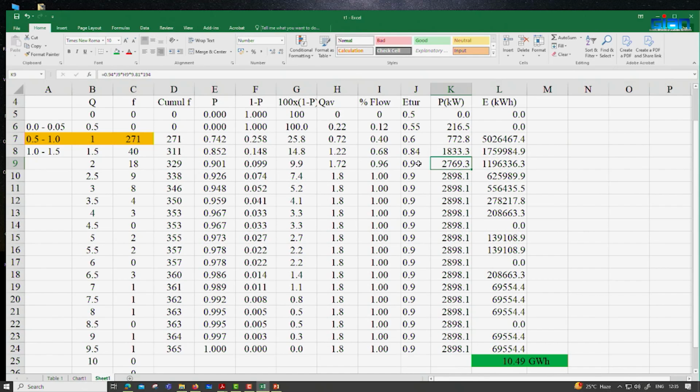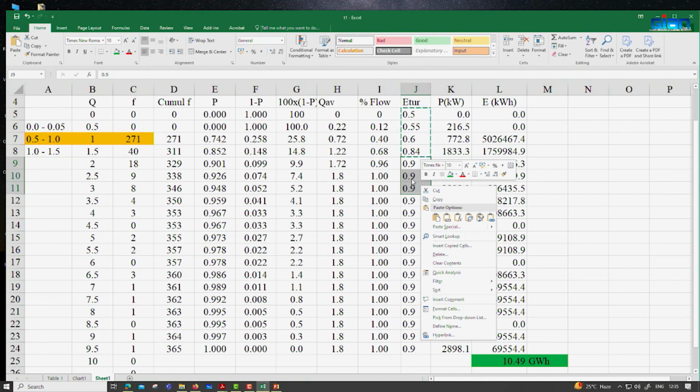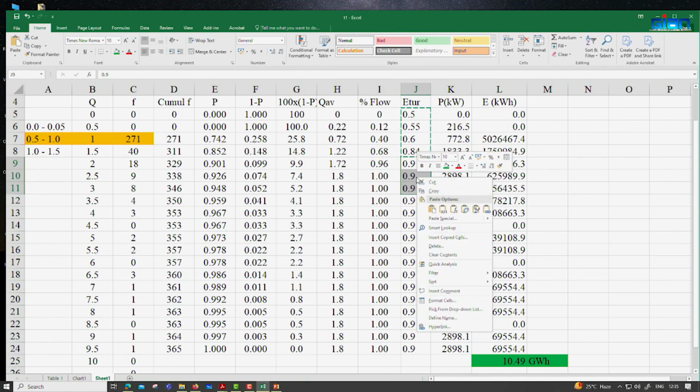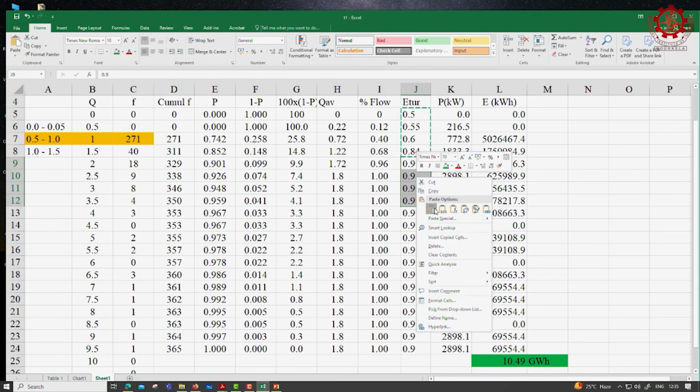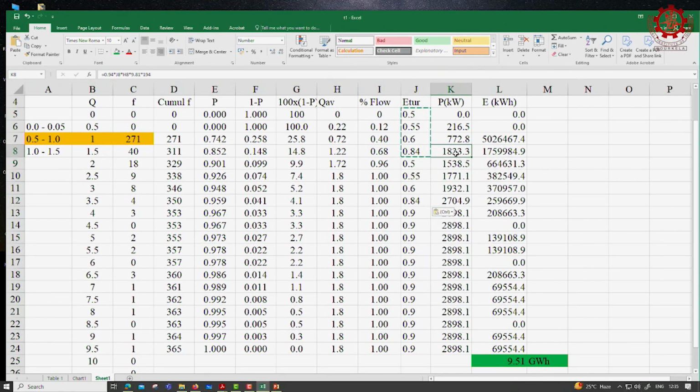Then your efficiency values will have to be repeated again. This will have to come again here, the second machine is starting there. Here the first machine ends, and the second machine starts here, that is 1500 plus this point, right.